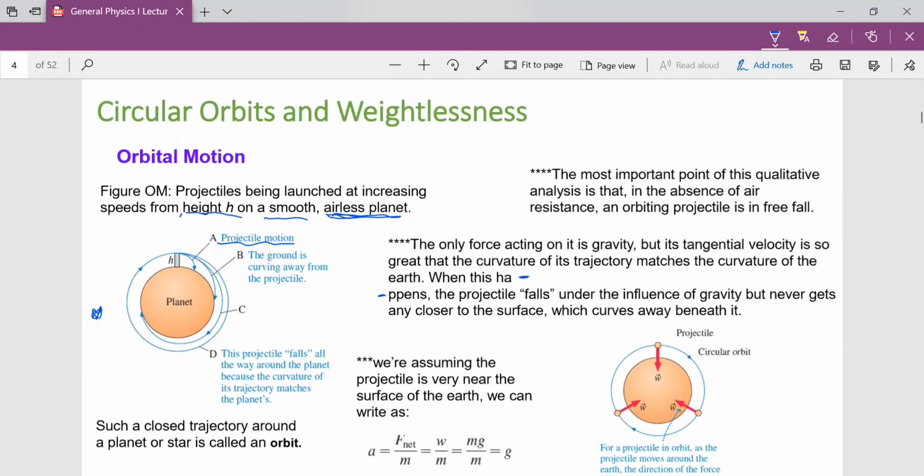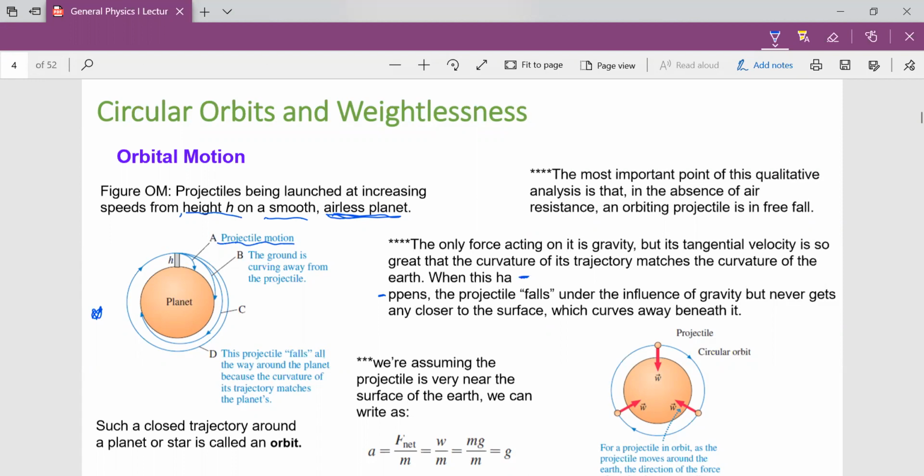When the object is launched, because it's very far from the Earth, the curved nature of the Earth, or that planet, will come into play. If it's close to the Earth, it's going to be projected like an object on a flat surface. But we know that the Earth is not flat.